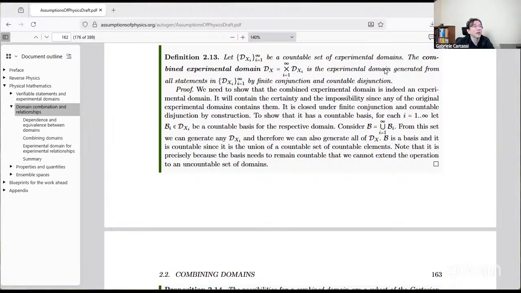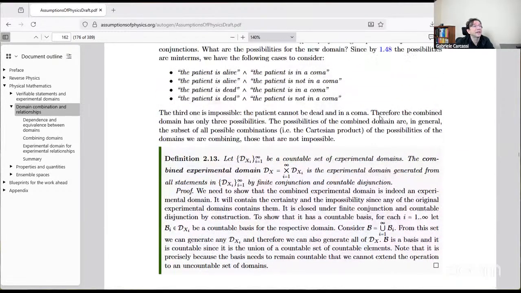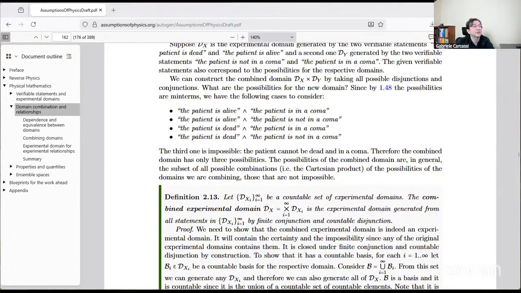If you only had the domains by themselves, you wouldn't know how to take the conjunction between two statements. So the fact that the patient is dead and in a coma does not exist. It's the overall context that tells you.